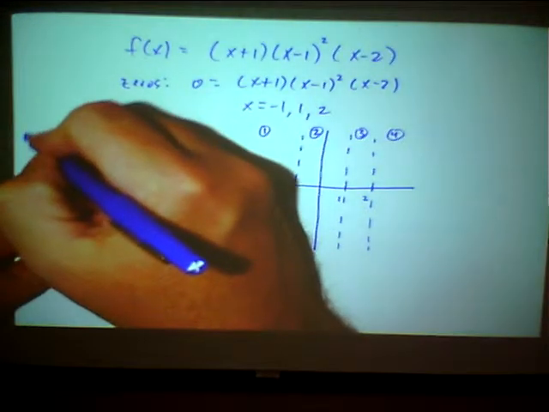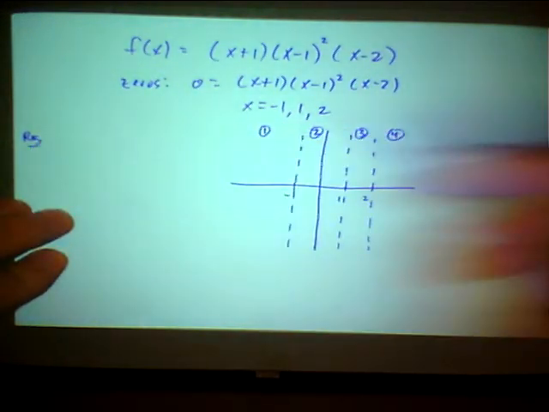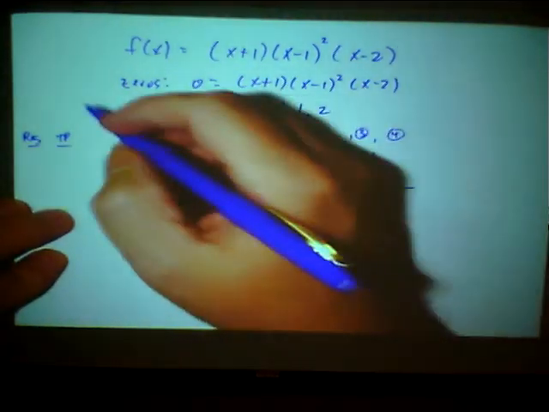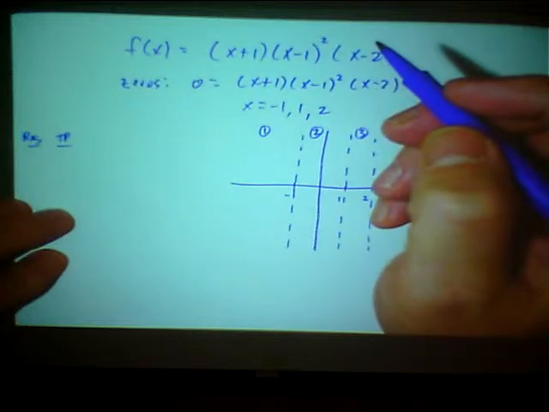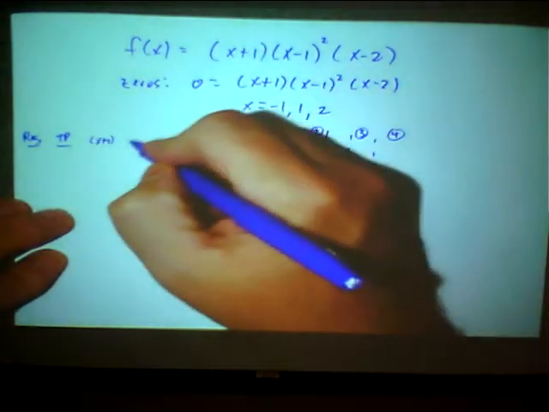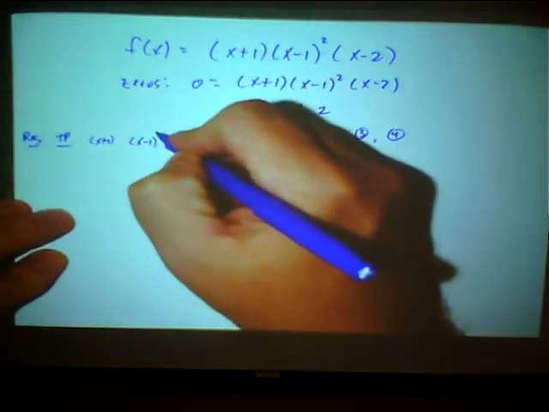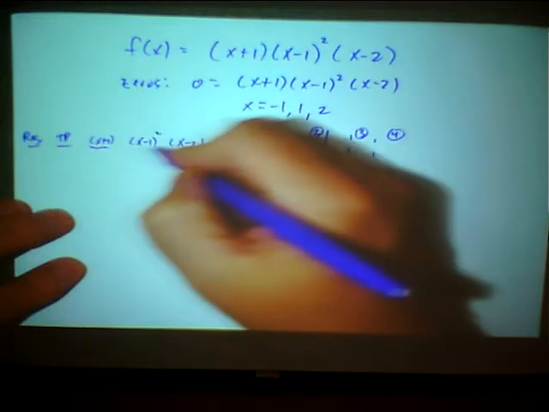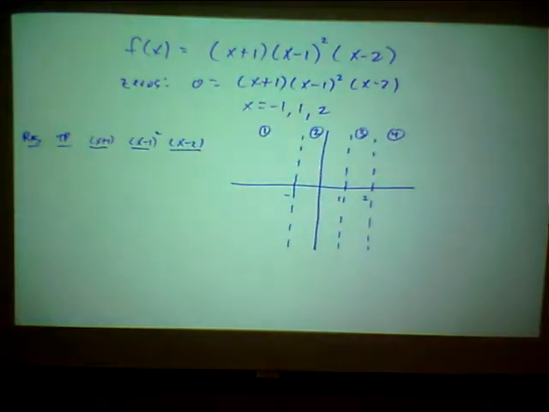So if I do my sign chart, I've got 3 factors. Notice here I have x minus 1 squared. Factors are things you multiply. So this one is not just x minus 1, it's x minus 1 squared.